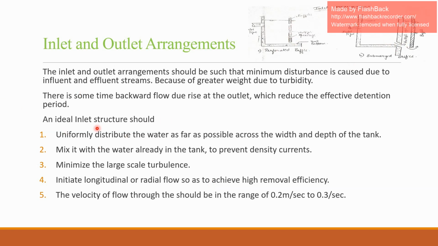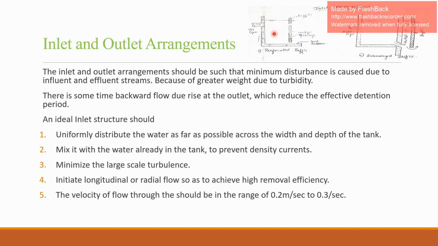Again, there are certain requirements. How should an ideal inlet arrangement be? First, uniform distribution of water, as far as possible, across the width and depth of the tank. Next, the mix with the water should be ready in the tank to prevent density currents. Next, there should be minimum turbulence.